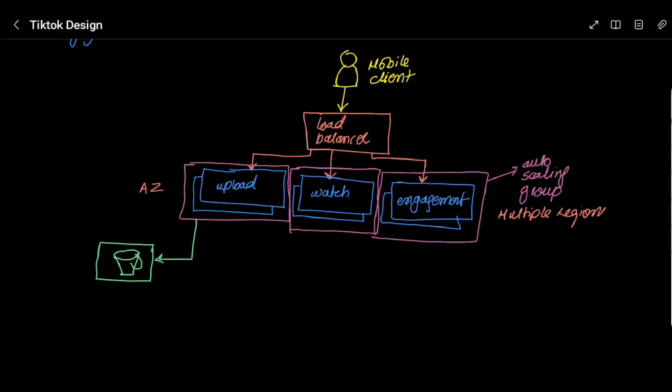Having S3 really helps because it's a service that has a global scale, and it helps with scalability and availability, and in terms of reliability, it has 11 nines of durability.